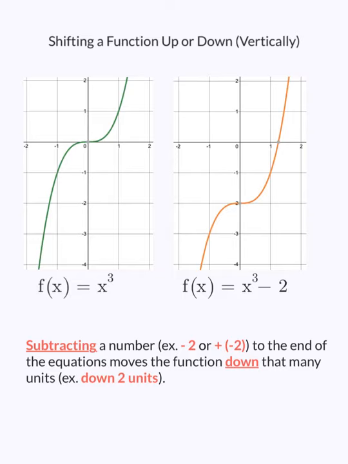Here we have that same parent function, going through 0, 0. But when I subtract 2, or you could say plus negative 2, my function goes down 2 units. So subtracting at the end moves the function down, adding at the end moves the function up, and that would be our vertical shifts.